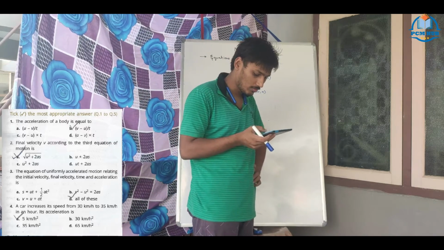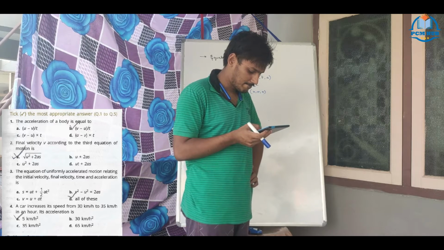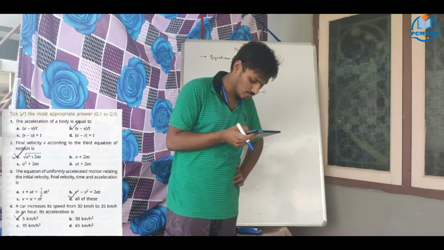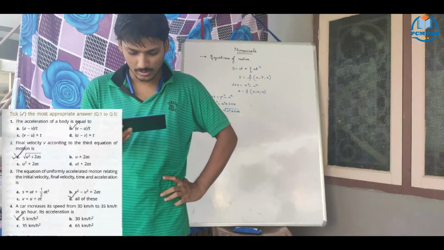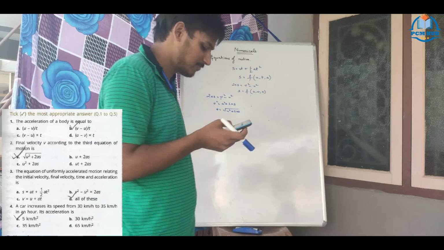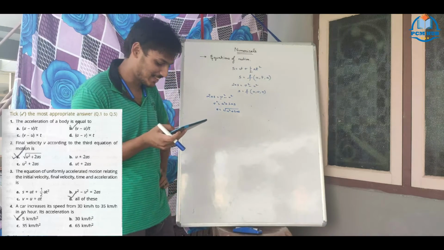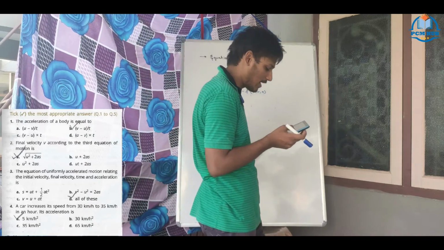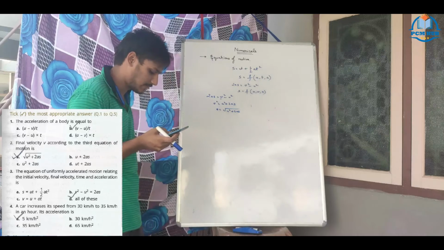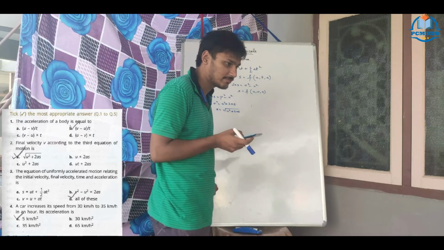5 km per hour. 35 is already in kilometers. 35 minus 30 by 1. Correct answer. So 5 km per hour square is the correct answer. Your answer is right.